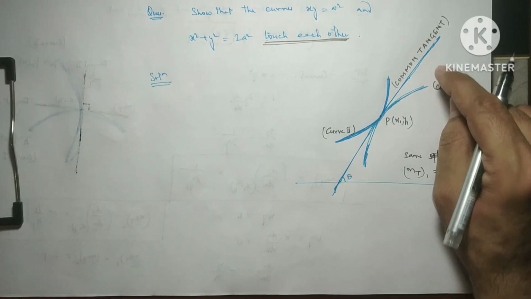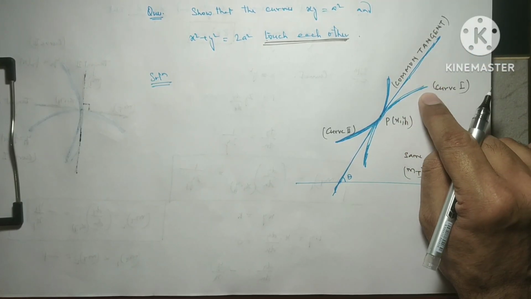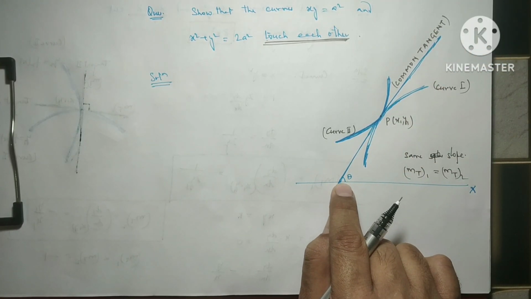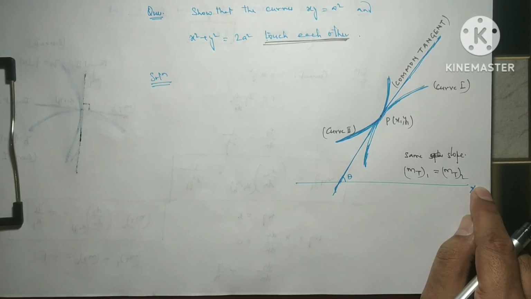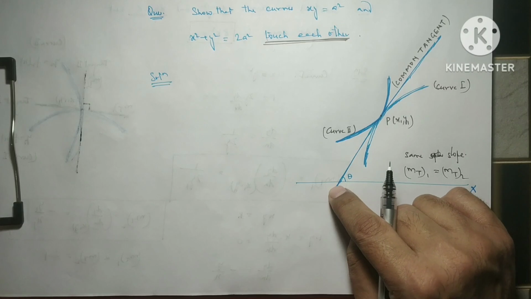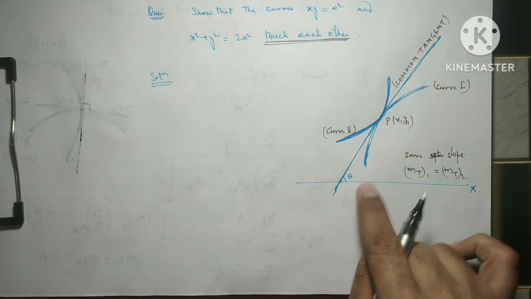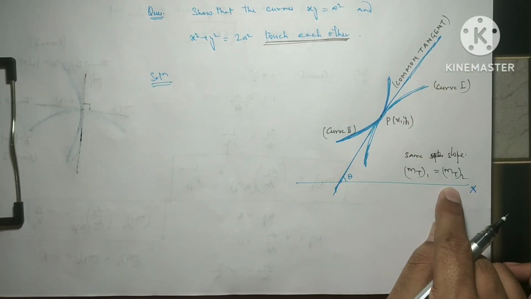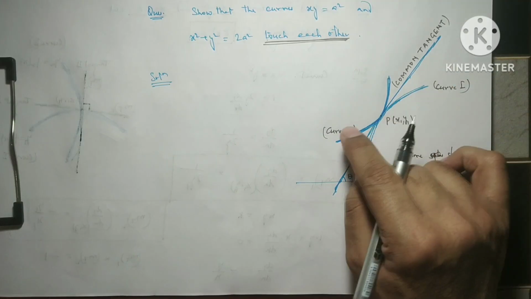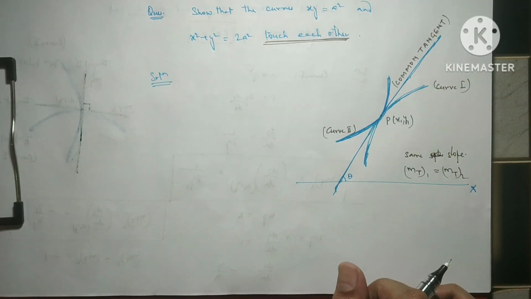It means the tangent at curve 1 has the angle theta with the positive x-axis, and in the same way the angle this tangent makes with the positive x direction on the other curve is also the same.